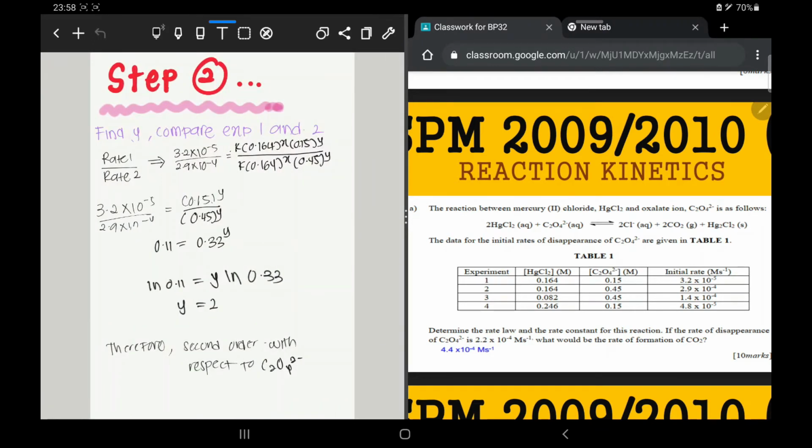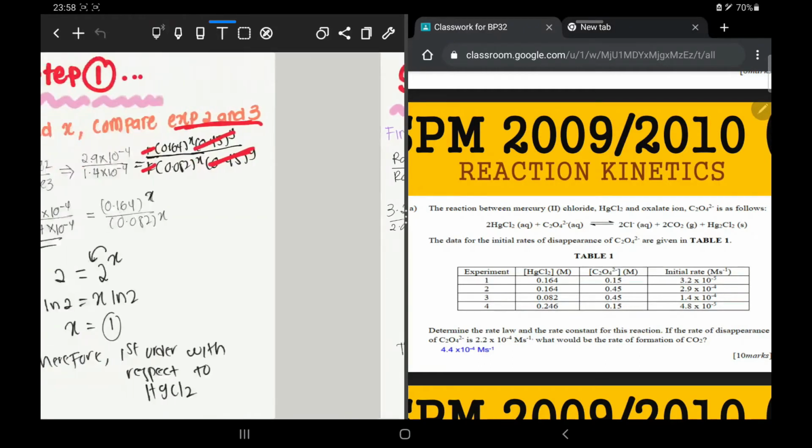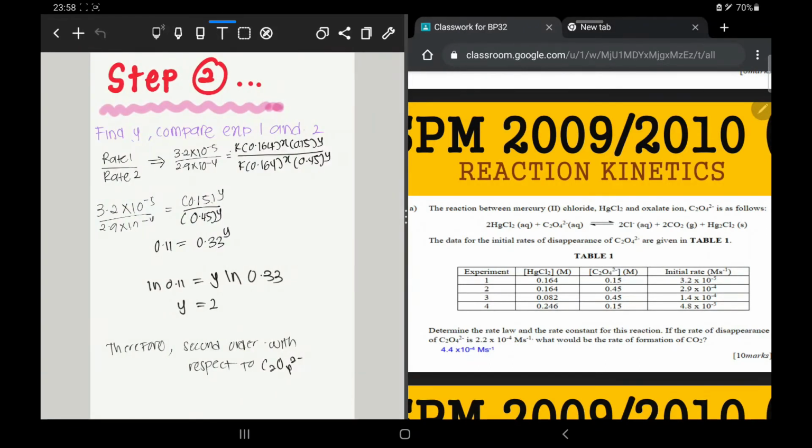After you find x, you need to find y. It is the same as what we have done in the step above. To find y, you need to compare experiment 1 and experiment 2. Why I choose to compare experiment 1 and experiment 2 is so that I can cancel out the concentration of HgCl2 over here and k over here. So you will get 3.2 × 10^-5 over 2.9 × 10^-4 equals 0.15 to the power of y over 0.45 to the power of y.